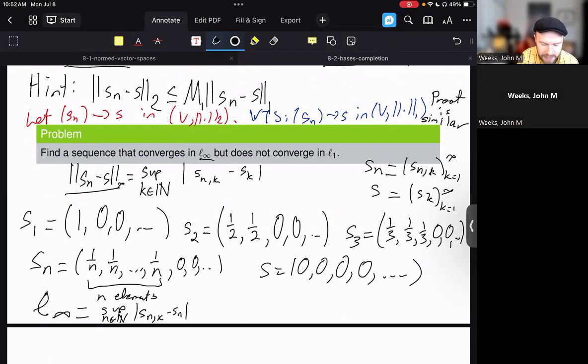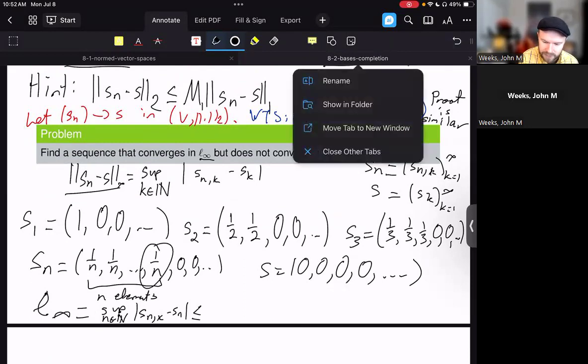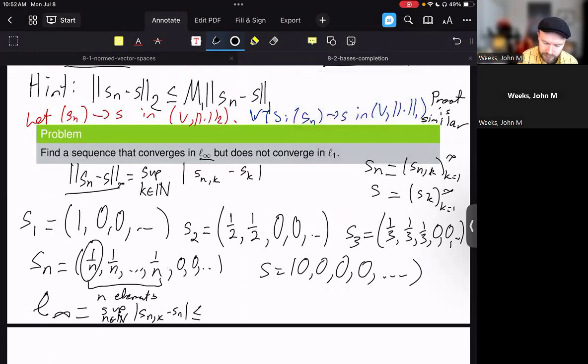And then that is going to be less than or equal to the largest possible distance between them, which will always be that of 1 over n and 0, which could happen here just at the very first term.